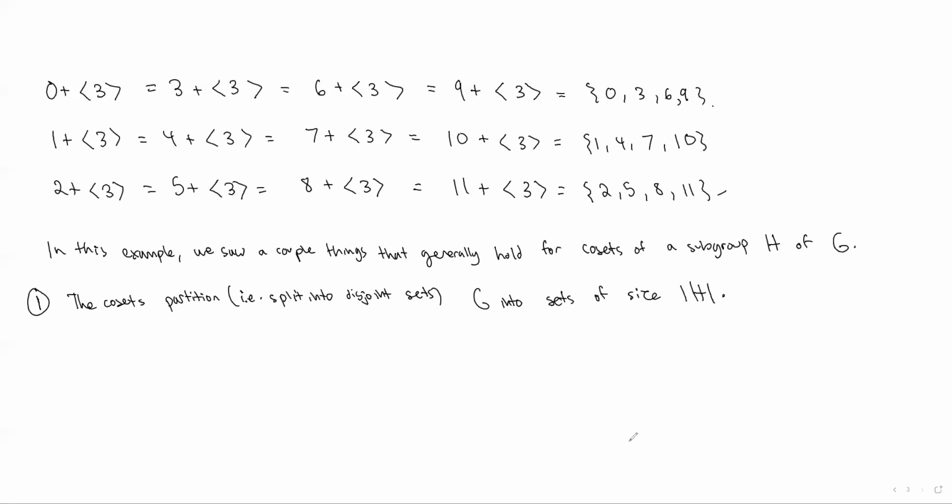So whatever the number of elements of the subgroup is, all the cosets have that number of elements. And so you partition G into some sets that all have the same size.